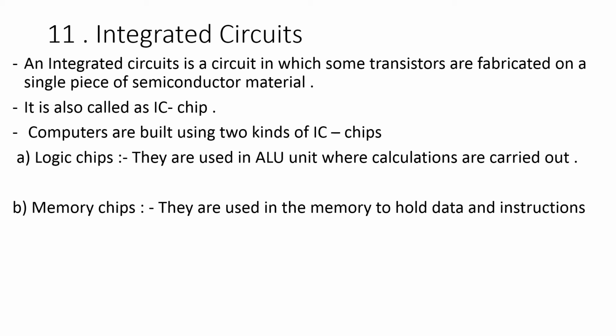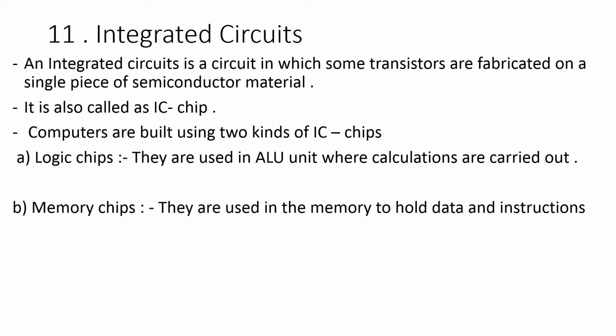Because it is a bad conductor of electricity. Okay, it will not get damaged and it will not let the components that are mounted on the material get damaged. It will protect all the components installed on that material. Okay, fine. That's why only semiconductor material is used.